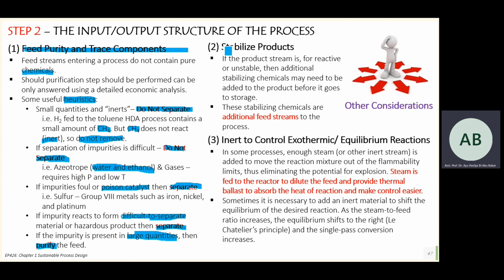Okay, then we should consider the stability of the product. If the product stream is, let's say, a reactive or unstable product, then at a certain point you will need to add stabilizing chemicals in order to stabilize the product before it goes to storage.